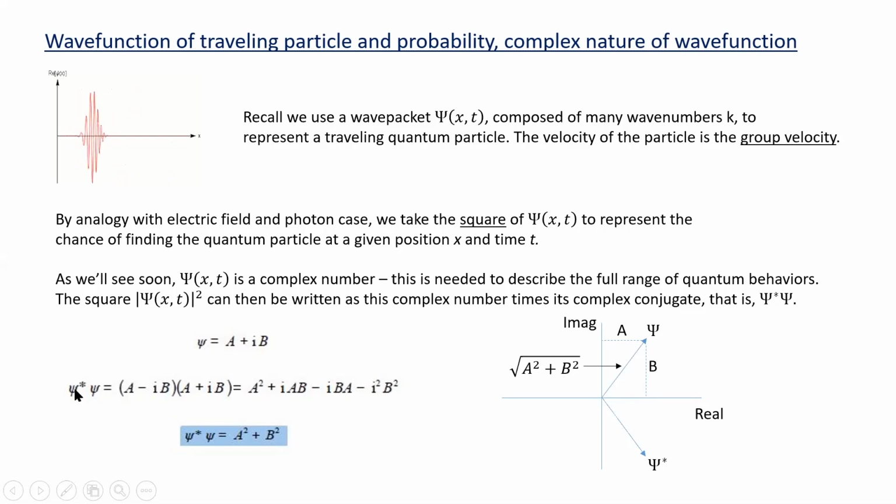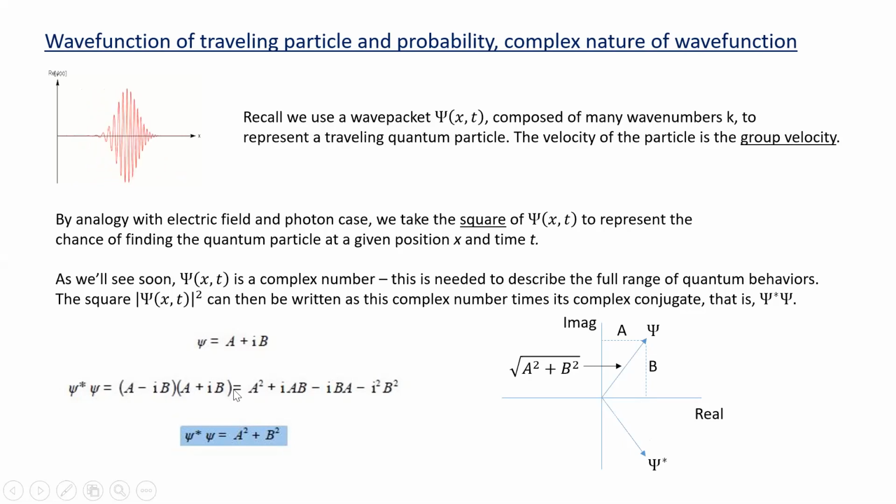Algebraically, psi star psi would be a minus ib, that's down here, the ib minus ib meaning the vertical component pointing down along the imaginary axis, times a plus ib.